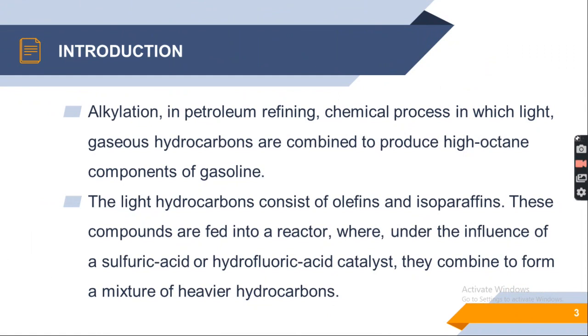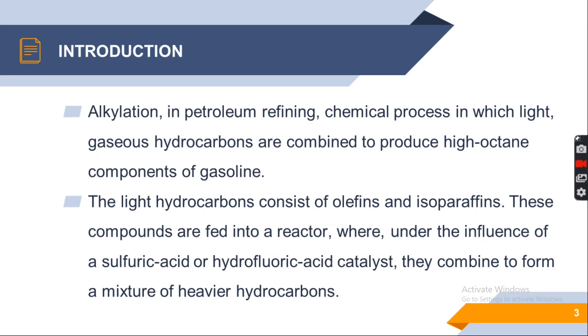In petroleum refining, alkylation is defined as the chemical process in which light, gaseous hydrocarbons are combined to produce high-octane components of gasoline. The light hydrocarbons consist of olefins and isoparaffins.